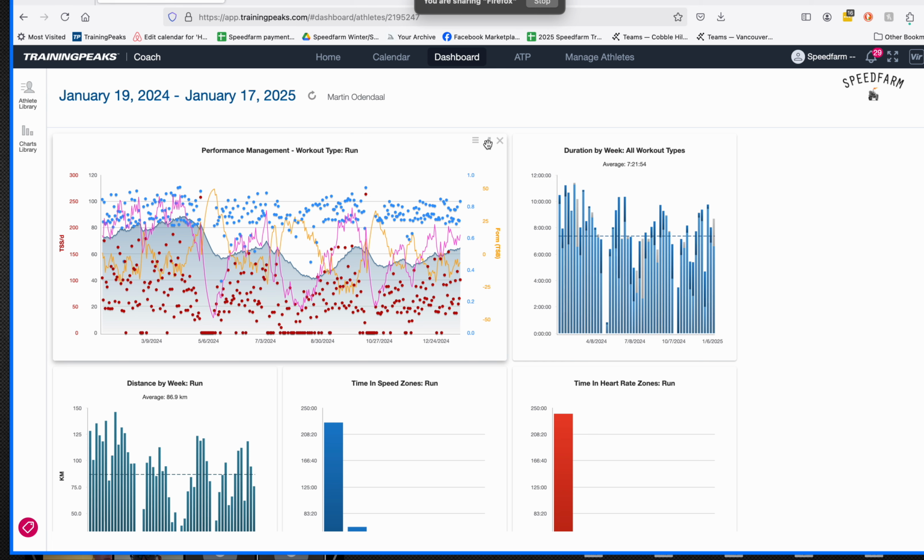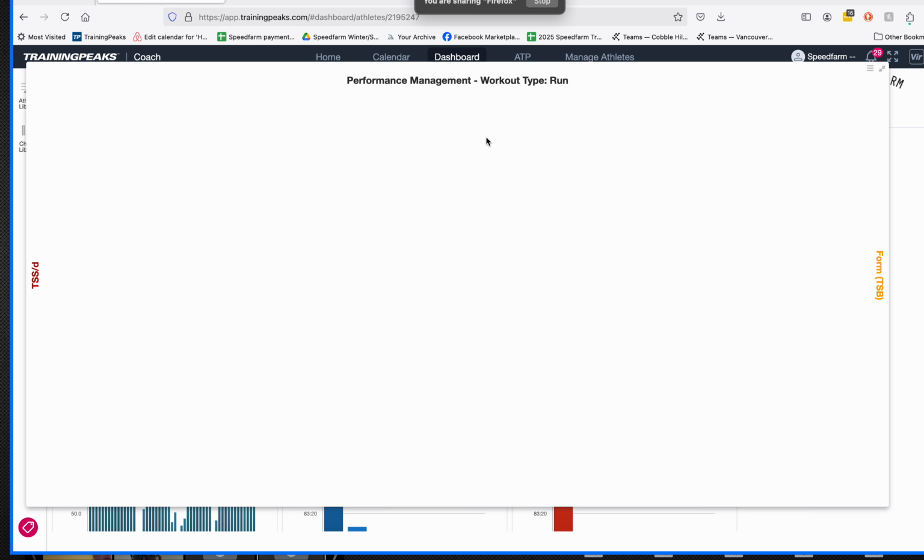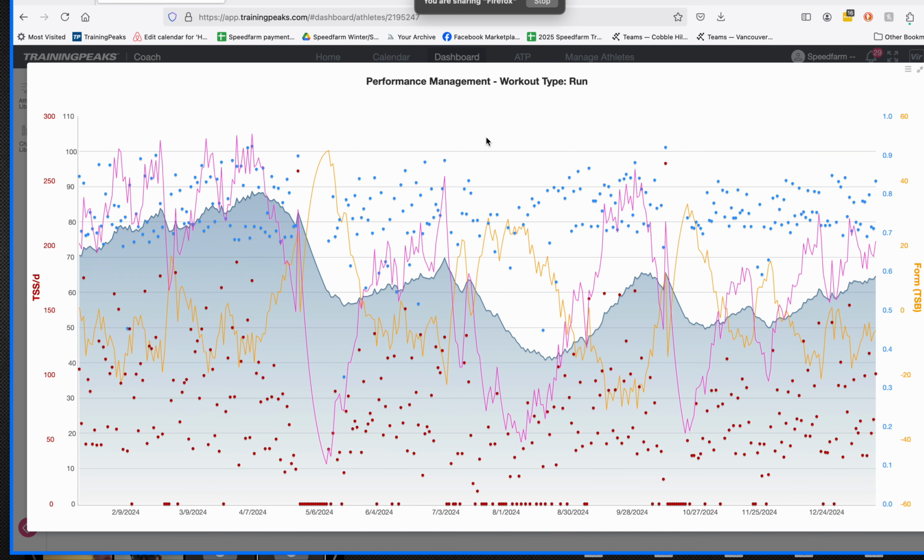But this is the meat of what I wanted to show you. This performance management chart is useful for looking back and for projecting forward as well.